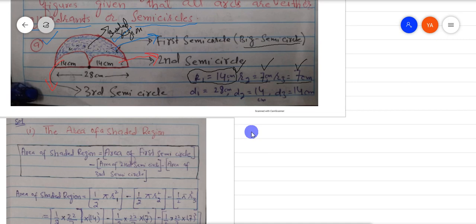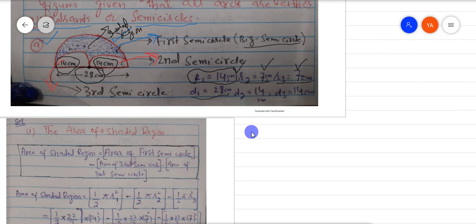Because the diameter of the big semicircle is 28 centimeter, the radius will be 14 centimeter. The diameter of the second semicircle is 14 centimeter, so the radius will be 7 centimeter. Again the diameter of the third semicircle is 14 centimeter, so the radius will be 7 centimeter.